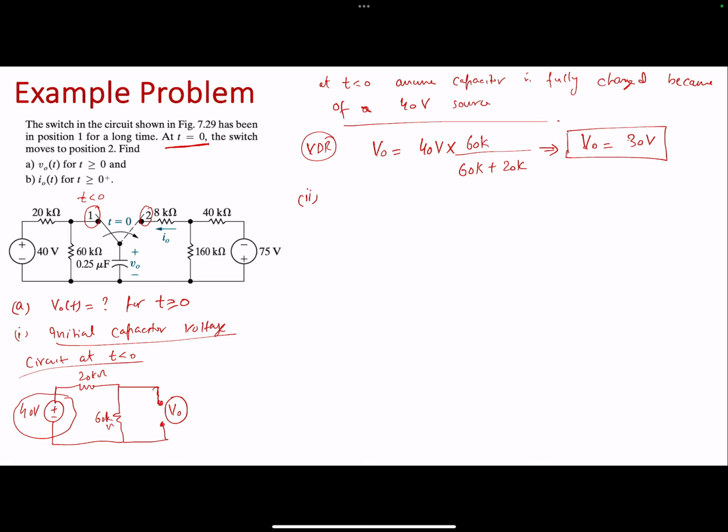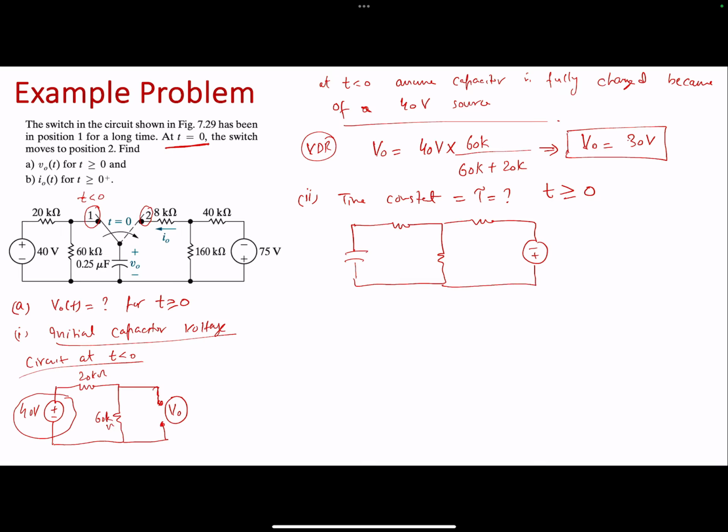The second thing I need to find is the value of the time constant tau, and we know that we usually find this by solving the circuit at t greater than or equal to 0. So let me redraw the circuit again at t greater than or equal to 0. Now I'm going to have a capacitor, another resistor, and another source.